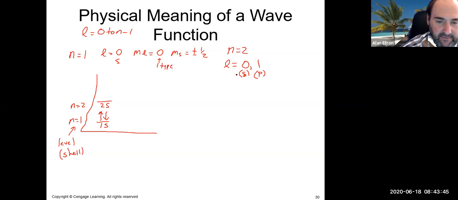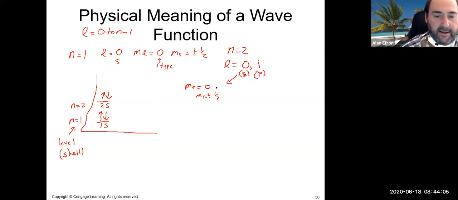If we do the quantum numbers for each of these L's separately, we get the same row for the s: m sub L is 0, and m sub s could be plus or minus a half, so we could have an electron up or an electron down.